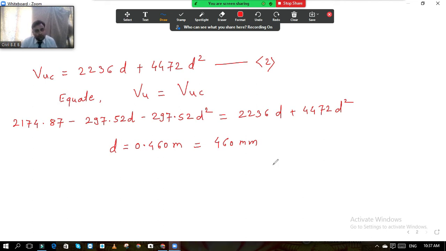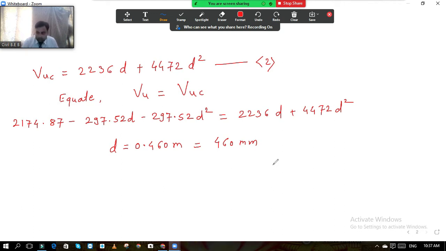This footing will fail in two-way shear. So if you want to design a stable footing where the punching will be there but the column should not penetrate through the footing, then the minimum depth of that footing must be 460 mm. This is the first criterion. From the two-way shear we have got the depth.